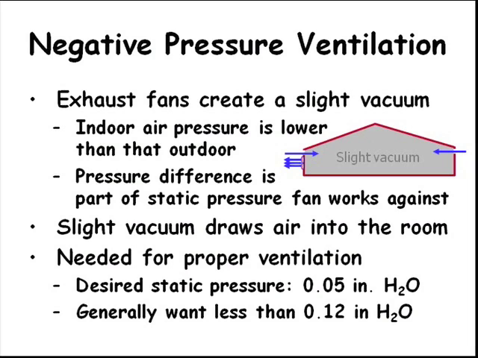With this vacuum, we draw in fresh air through the inlets into the room or building, and we can use this to distribute the fresh air throughout that whole building. For most ventilating systems, we like to be operating in the range of about 0.05 to 0.1 inches of water. Generally, we want to keep less than 0.12 inches of water.